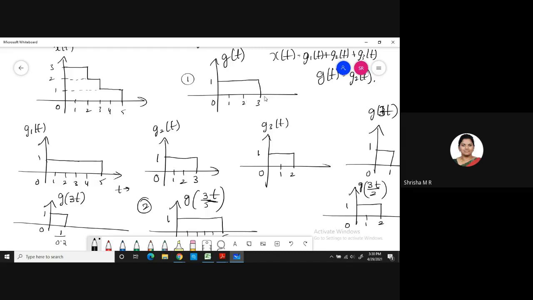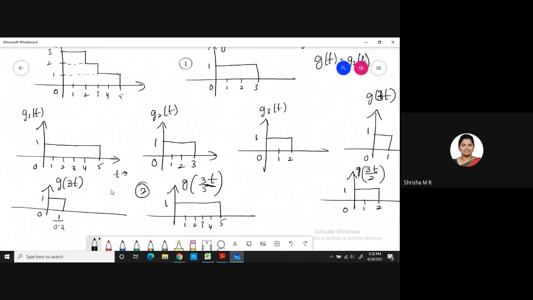So first we will scale this and get it to 1. How do we scale it? If we scale it by an integer, the signal will get compressed, correct? So if I scale by 3t, whatever is at 3 will come to 1. So the signal will come from 0 to 1 with an amplitude 1.